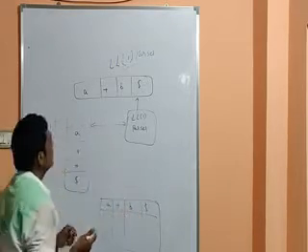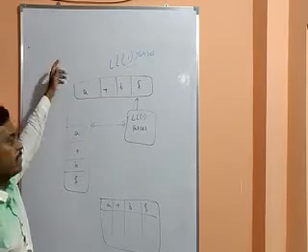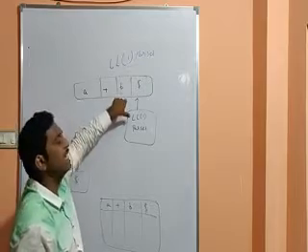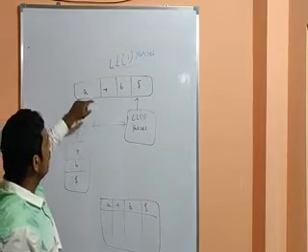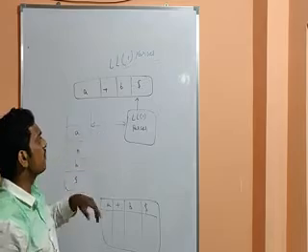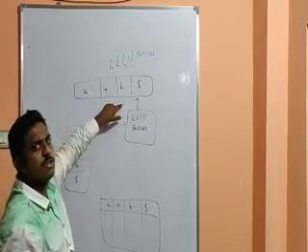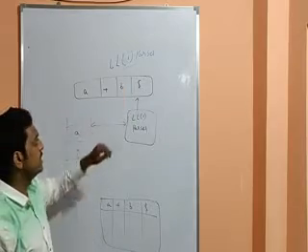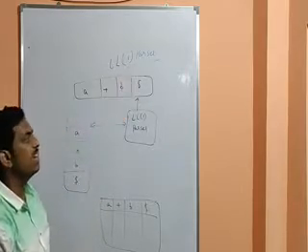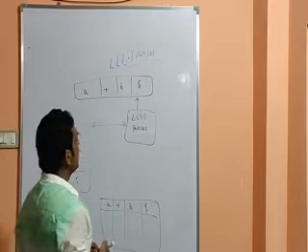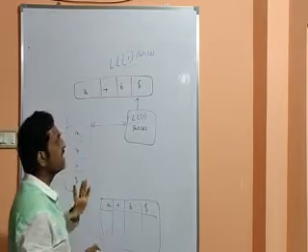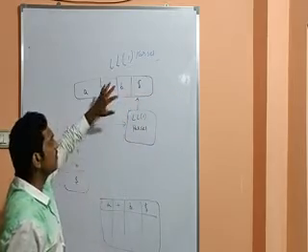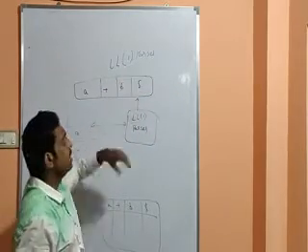This is the architecture of an LL1 parser. In it, I have taken an input called A plus B. After completing the input that I want to give to the compiler, I should keep the symbol $. This dollar symbol represents that the input I am giving to the compiler is completed. After the $, if you write anything, it will not be considered. This is a key point we have to remember.